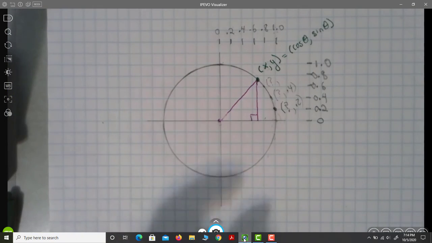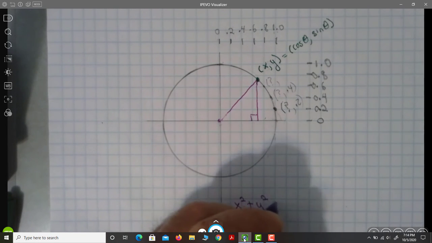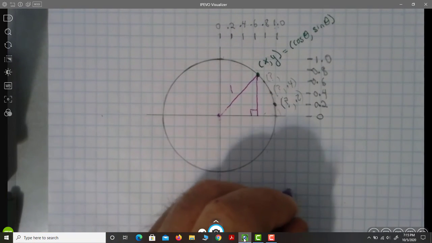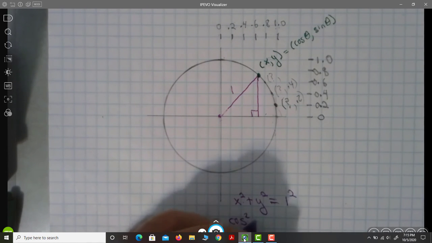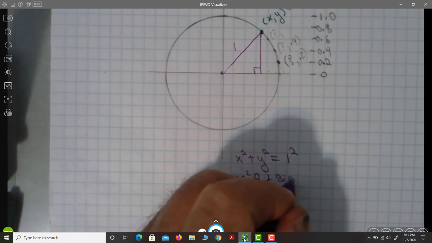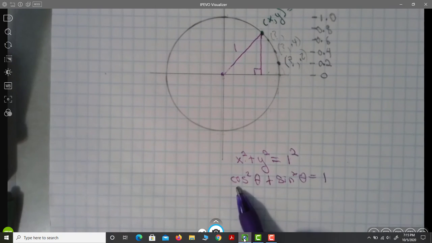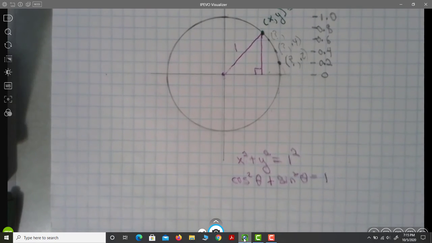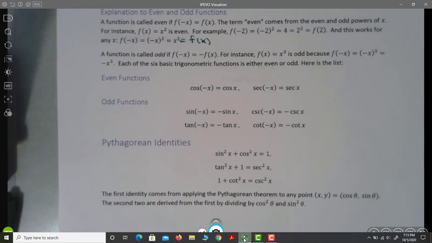Well, x squared plus y squared is equal to the radius squared, but it's a unit circle, so that's 1 squared. The x coordinate is cosine of theta. The y coordinate is sine of theta. And 1 squared, of course, is 1. So cosine squared theta plus sine squared theta, or the other way around, sine squared theta plus cosine squared theta is equal to 1. And that's where this first identity comes from in this list.